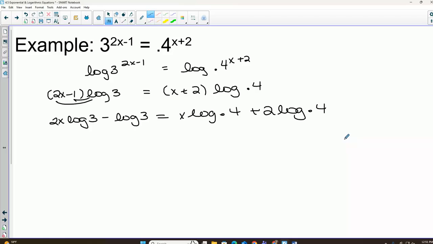Now what? Two terms with the x need to be on one side, the terms without it on the other. So I will subtract over my x log 0.4 and add over my log 3.